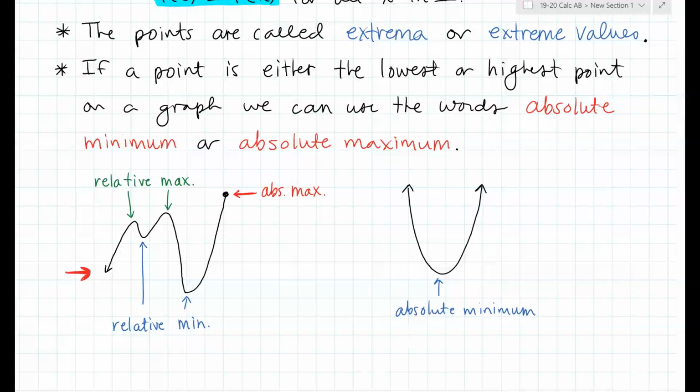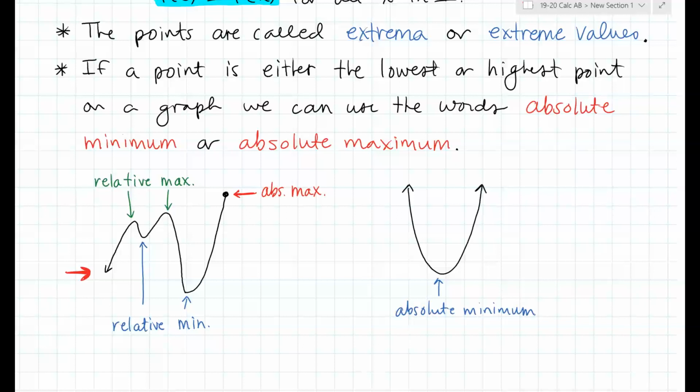Because you can see it's going up forever. But the vertex of that parabola would be considered my minimum. Notice this doesn't have any other relative maxes or mins either. There's no up and down motion, nothing like that. It just goes down and then back up. So we would say it has an absolute minimum in this case.